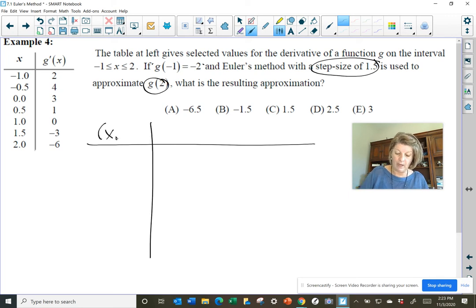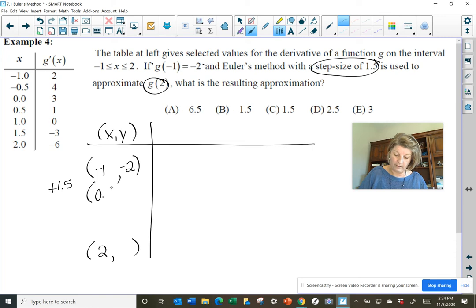X, Y. I like to keep track of these over on the left side. My original starting point was (-1, -2). How many steps are used to get to 2? We have step sizes of 1.5. So if I add 1.5, that'll take me to 0.5.